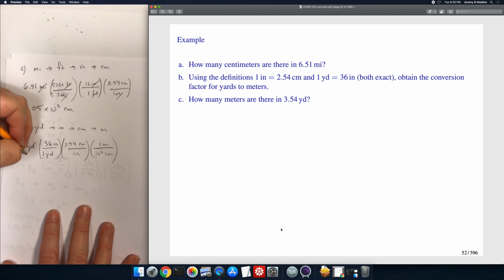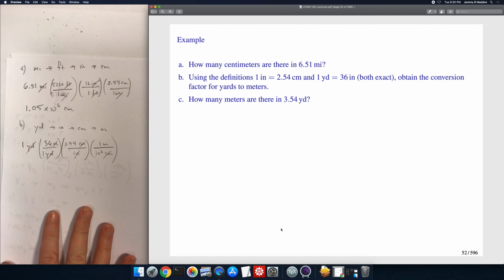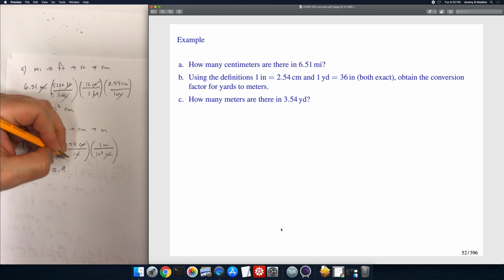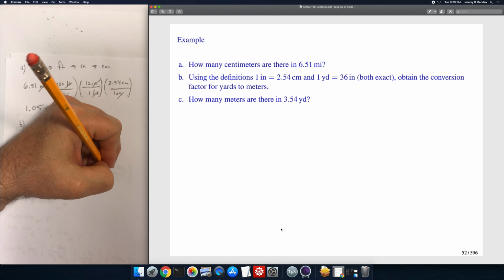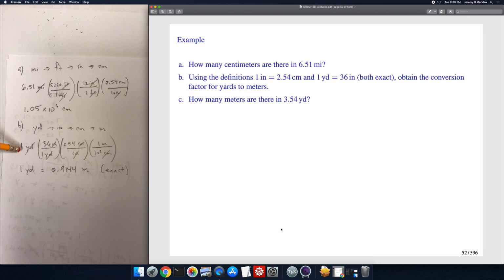And so the yards will cancel, the inches will cancel, the centimeters will cancel, and we're going to have units of meters. So we'll run these numbers through our calculator. And we find that 1 yard equals 0.9144 meters, and that is an exact conversion factor because all of these numbers are interpreted to be exact.